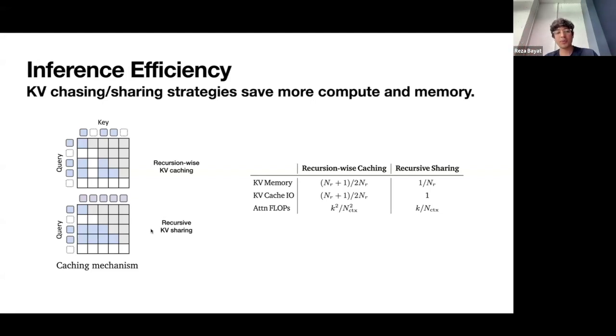But again, spoiler alert, recursive-wise KV caching works very well, but this one, recursive KV sharing, has some performance drop, but not significant. But it's very efficient. You lower the number of KV caches, and also the KV cache IO is much lower.